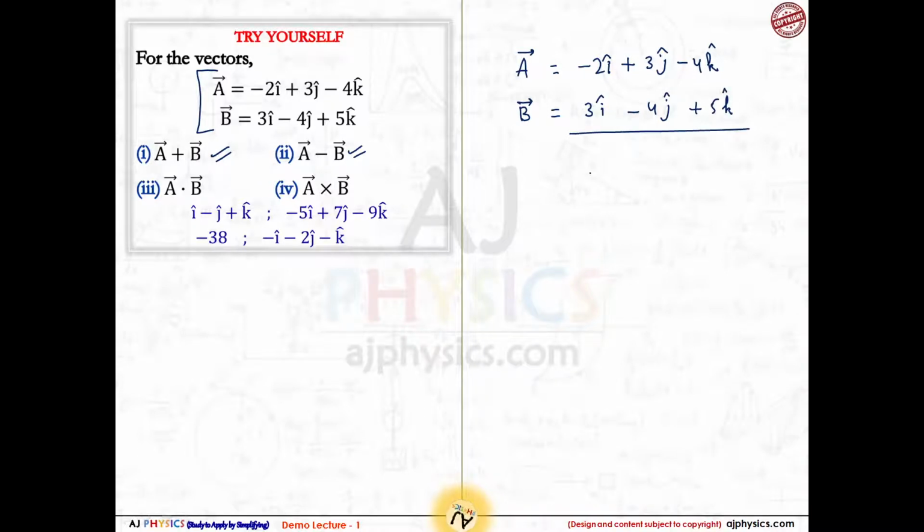If we just add a vector and b vector, where a is minus 2i plus 3j minus 4k and b is 3i minus 4j plus 5k, what we get will be I cap minus j cap and plus k cap.